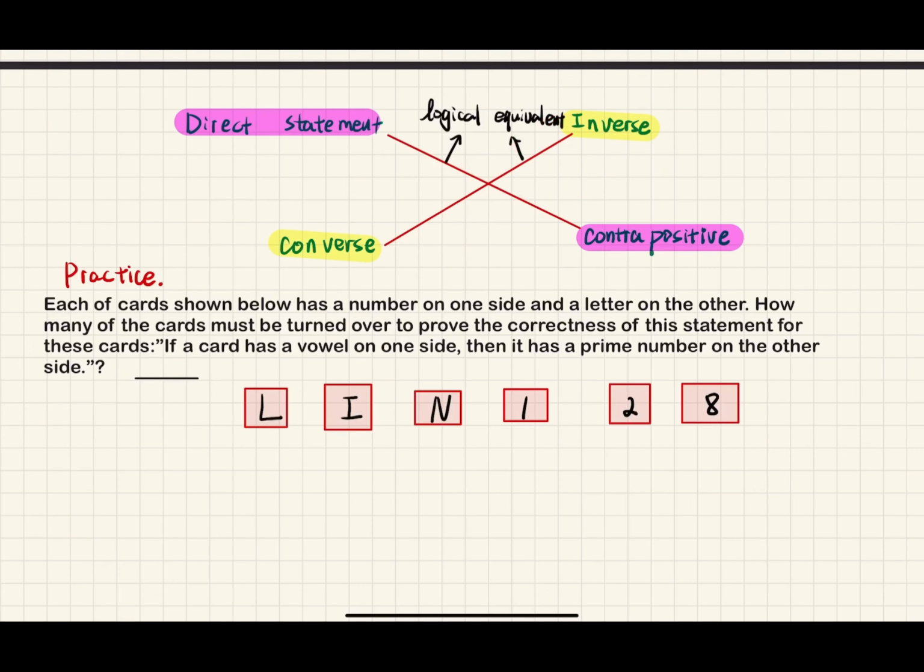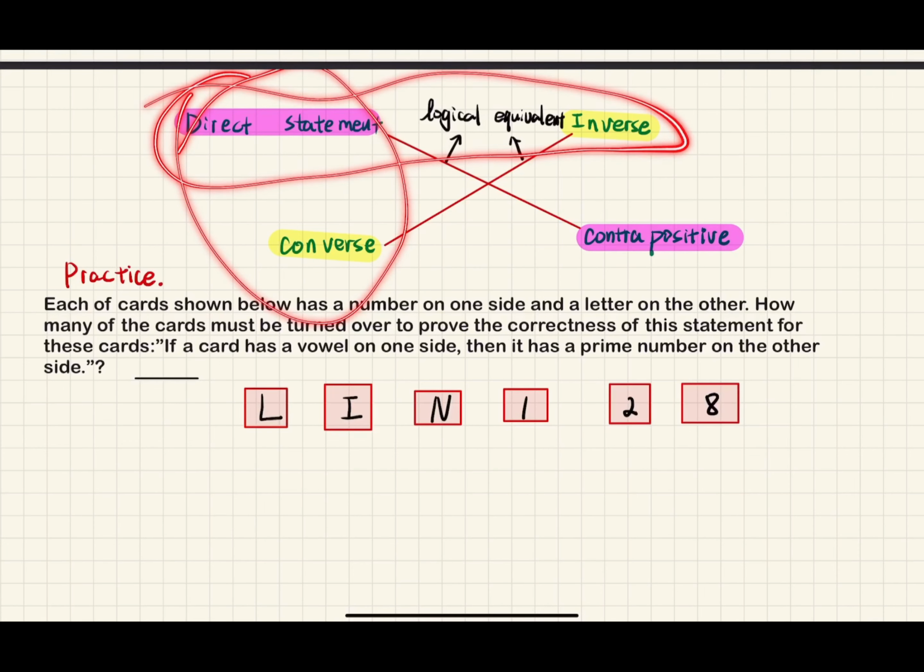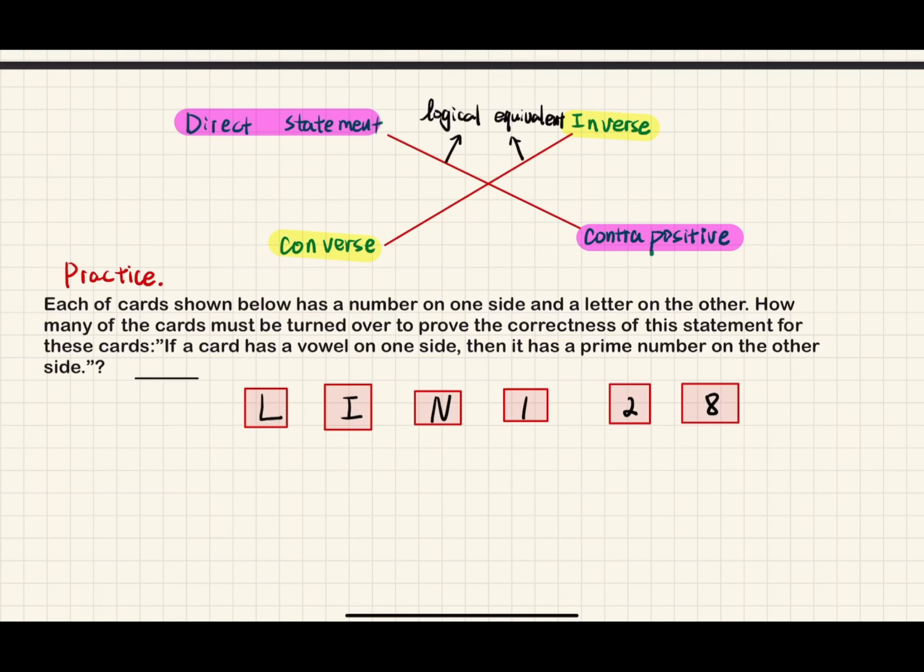So remember this graph. It's very useful for you guys to use in real math problems. Obviously, there is no connection between the direct statement and its converse or its inverse, right? We cannot say the direct statement is right, and so the inverse must be wrong. There is no connection, and you don't have to find the relationship between these two statements, okay?